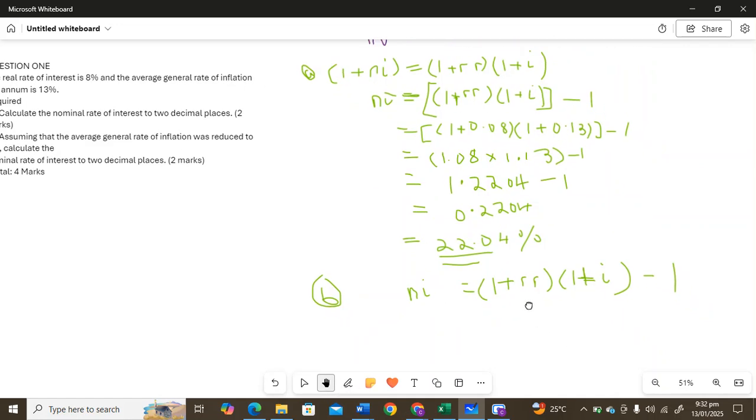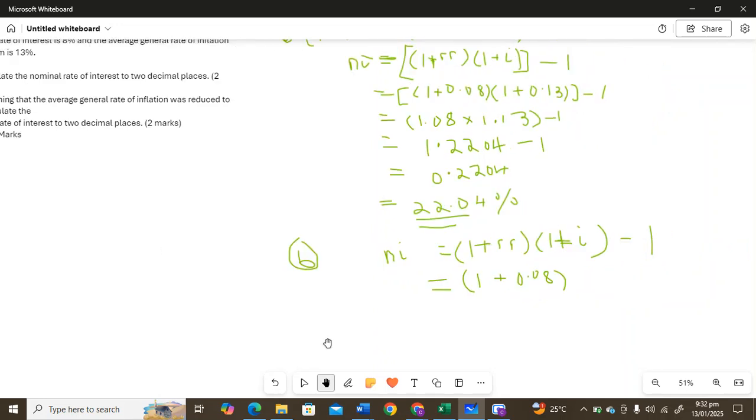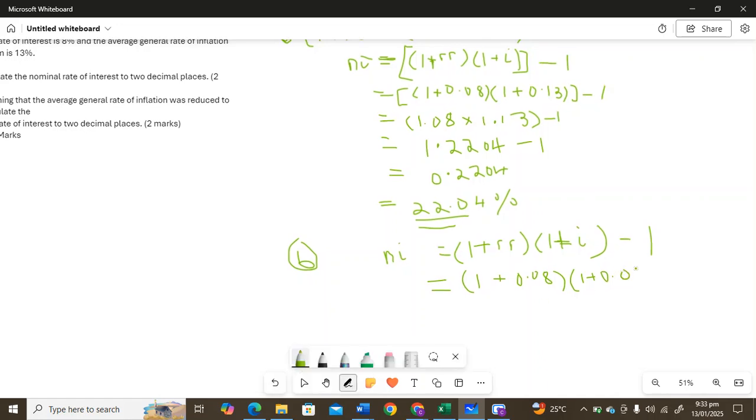Our real interest rate still stays the same, 8%. And they say the inflation rate was reduced to 8%. So again, here 1 plus 0.08, minus 1.